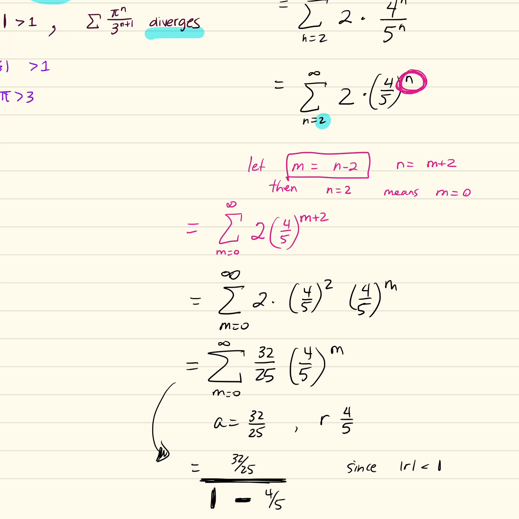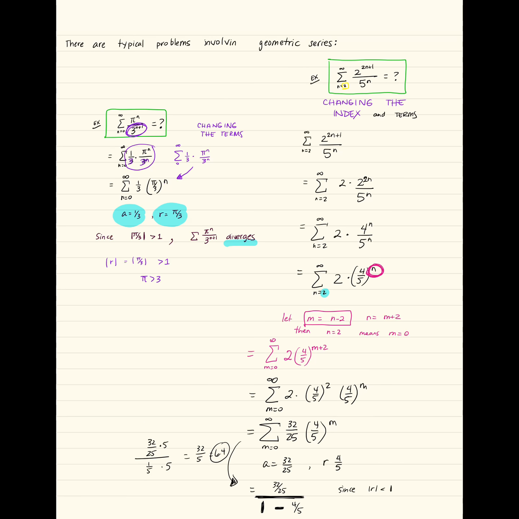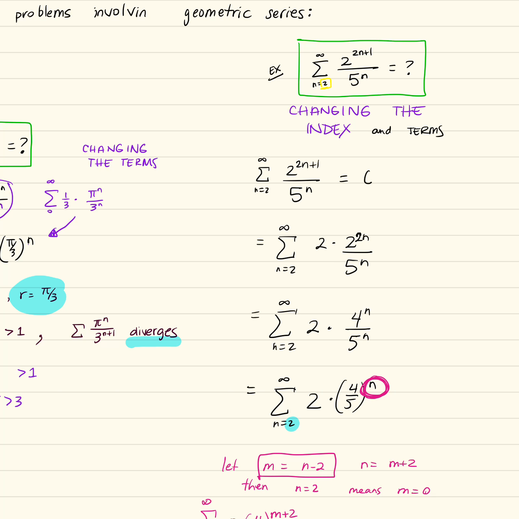So it's 32 over 25 over 1 over 5. So let's go on and simplify it. 32 over 25 divided by 1 over 5. Multiply the top and the bottom by 5. And I'll get 32 over 5, which is like 6.4. Okay? So this ended up being equal to 6.4.